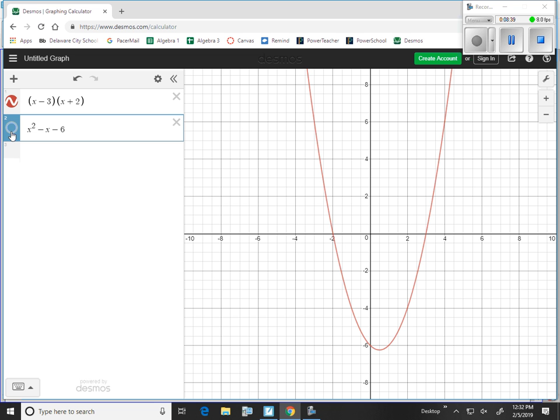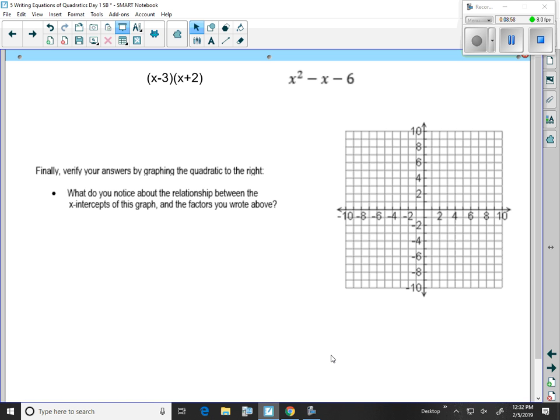Go ahead and sketch just a rough graph there on the bottom. Okay, you want your x-intercepts to be the 3 and negative 2. And then your vertex, if you kind of want to get close, should be 0.5 and then negative 6.25. Doesn't need to be beautiful.